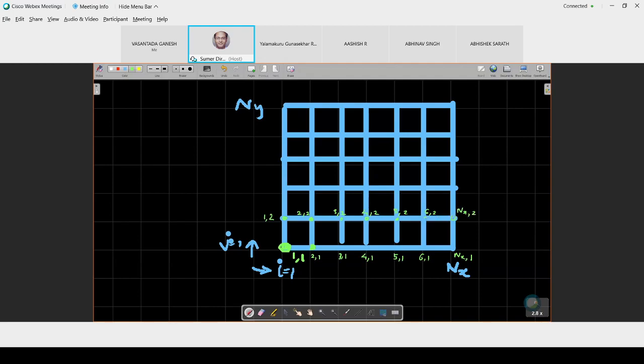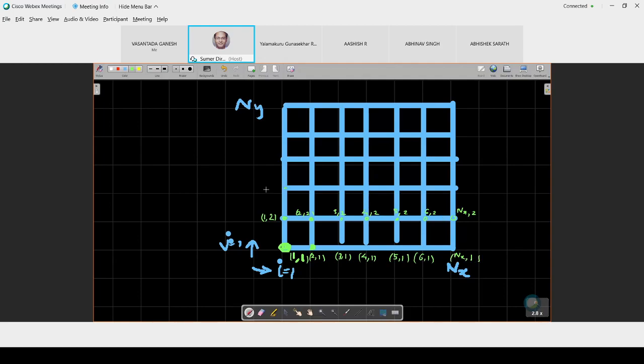So we have this indexing in terms of ij, and all these nodes are represented like this. Same for the other rows, you can also represent them.